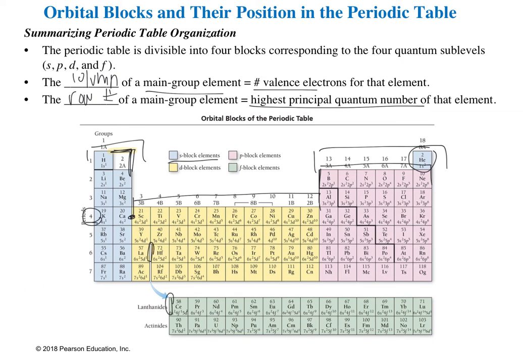And the first lanthanide, our first f block, is a 4f. So we're all the way down in the 6s, then we get a 5d, and then we get 4f. So kind of confusing and annoying, but that is how that works.